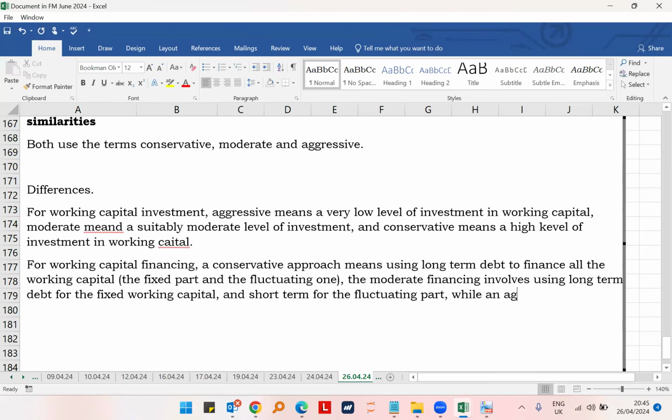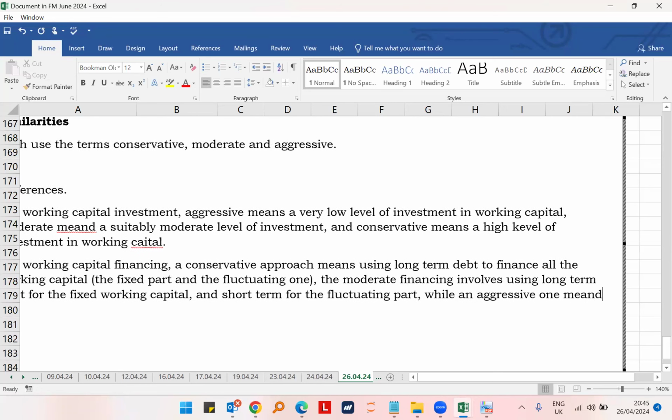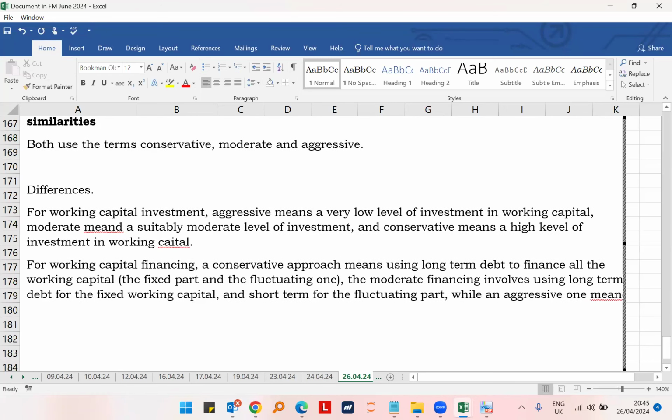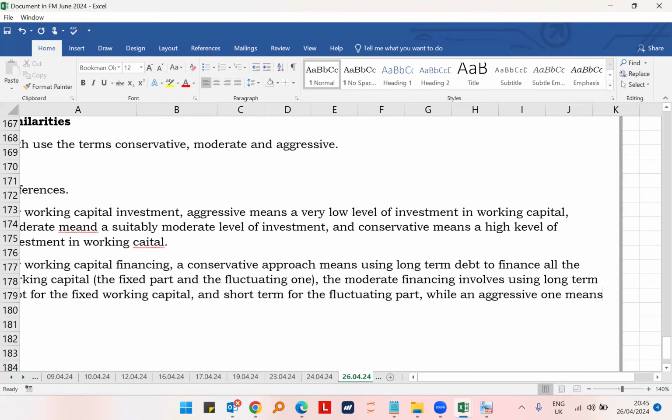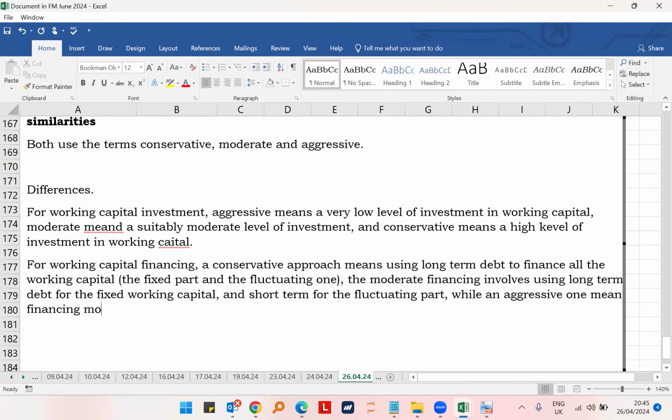While an aggressive one means financing most of the working capital using short-term debt.